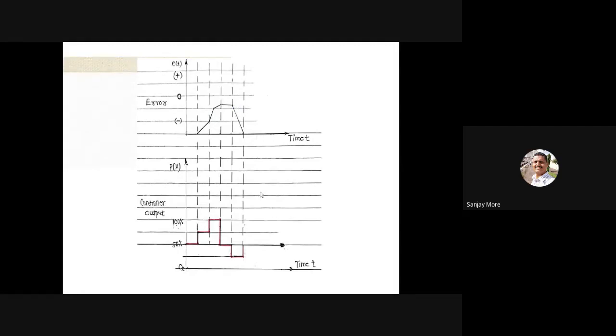So draw these two graphs: the first is error versus time, and the second is control output percentage versus time.